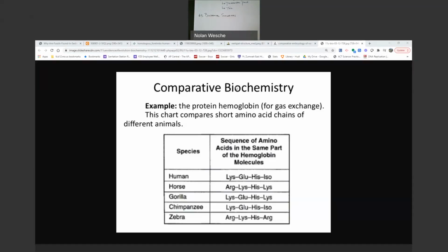So you would think that they have a more recent common ancestor, whereas the zebra and the human don't have many conserved amino acids across that four amino acid sequence. Again, it's a very small subset here that we're looking at. If you were to analyze something much larger, you would definitely have more conclusive results. But the long and short of this is that the more similar the amino acid or nucleotide sequences are, the more closely related they are.